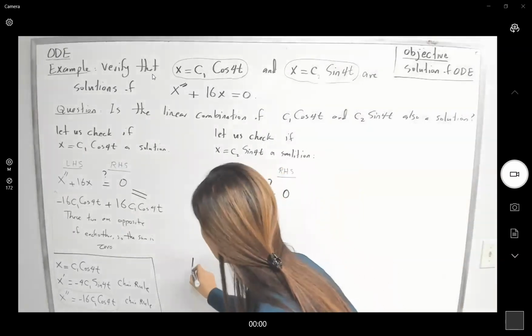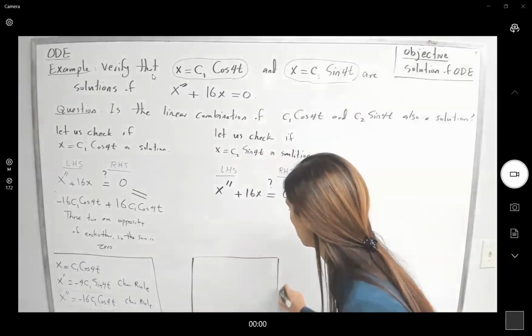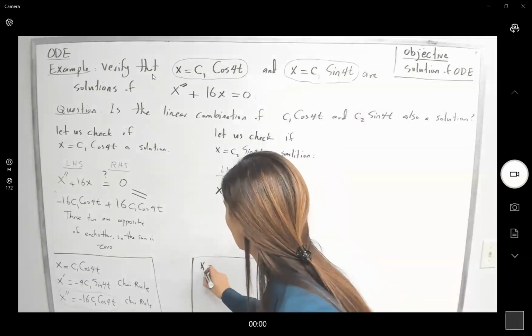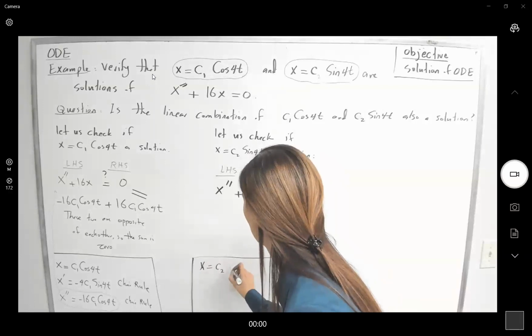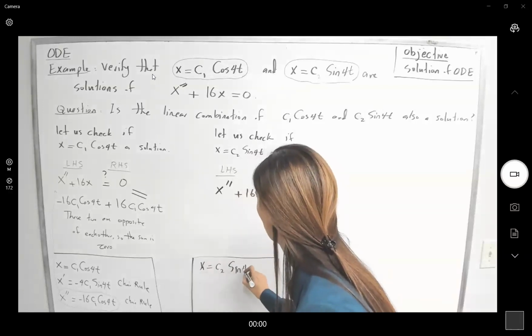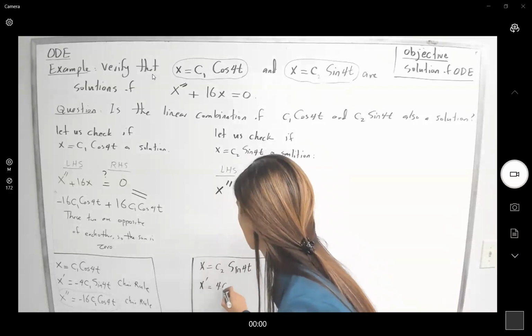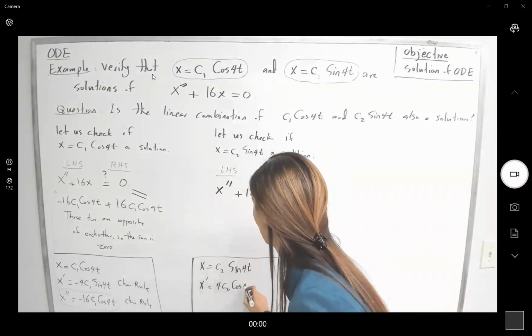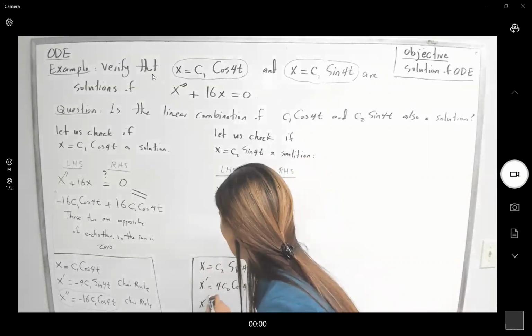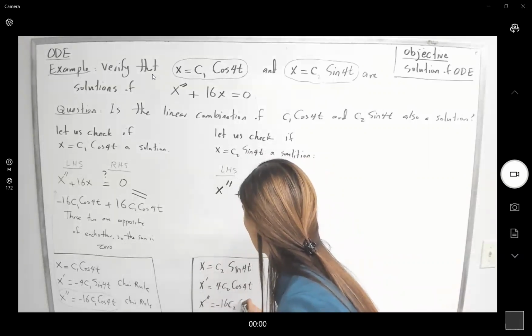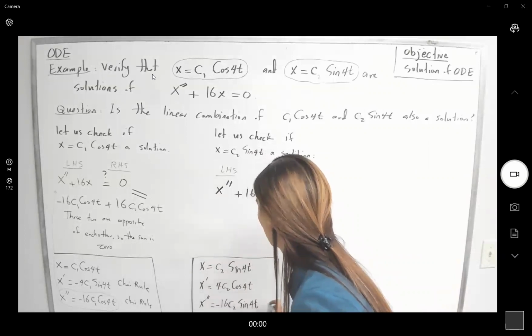Again, recall from elementary calculus, when x is equal to c sub 2 sine of 4t, the derivative of x is 4 c2 cosine 4t, and the second derivative of x is negative 16 c sub 2 sine of 4t.